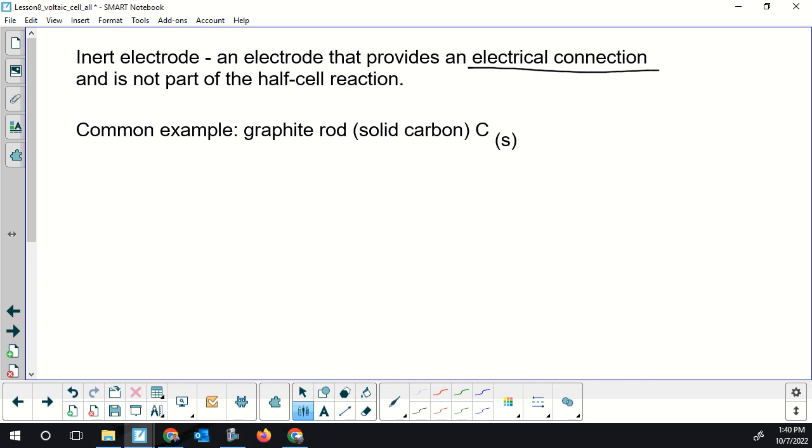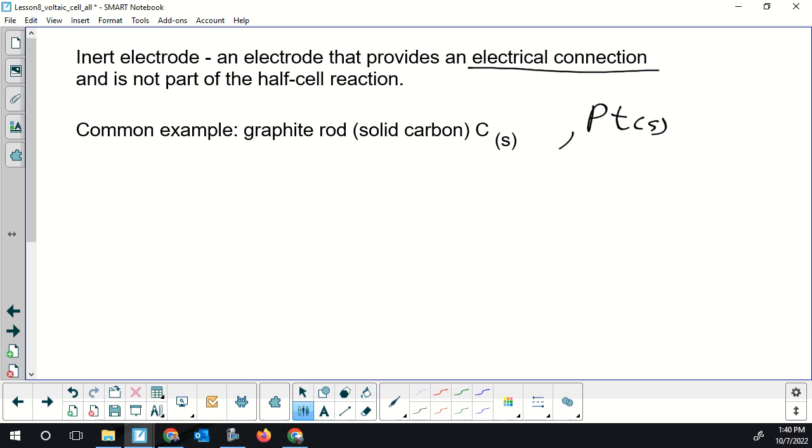A very common, cheap inert electrode is a graphite rod, which is solid carbon. Another more expensive option is platinum, solid. You need to be able to recognize both of these on tests or diplomas as inert electrodes. They're not part of the chemistry.